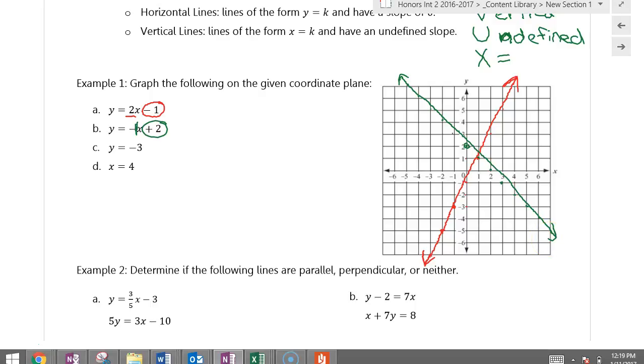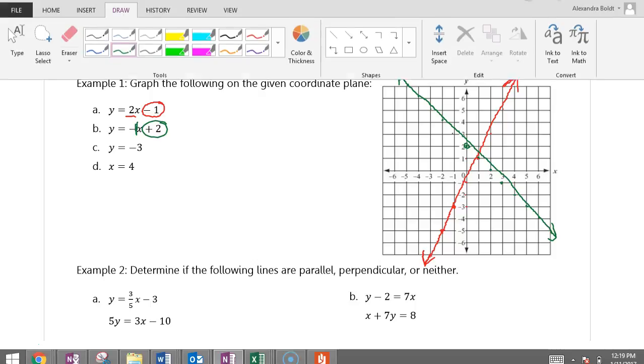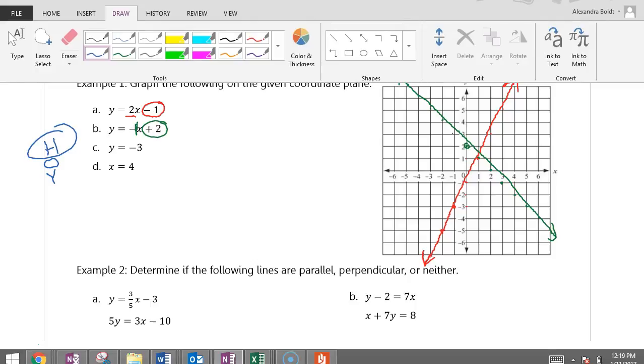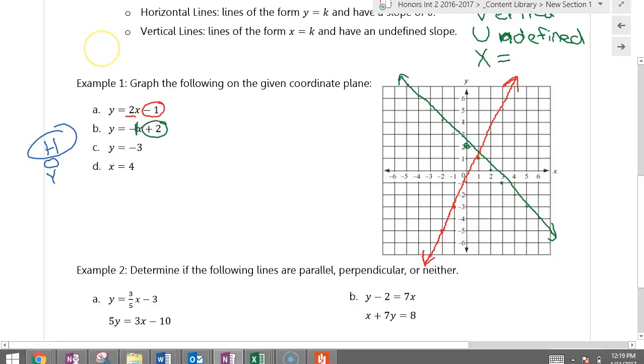Looking at C, y equals negative 3. This is a y. Y is in the word hoy. So it's horizontal at negative 3.